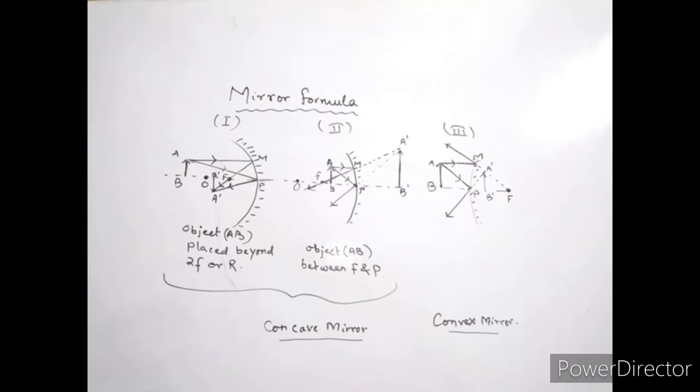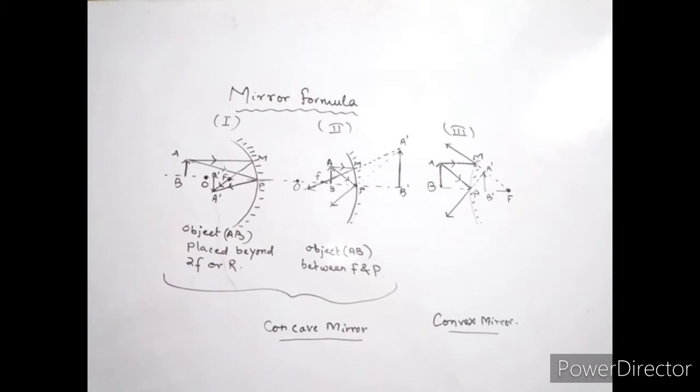And in the third figure, for the convex mirror, wherever you place the object, the rays after reflection won't meet, because one of them will be reflected on the other side, while the one directed towards the pole will be reflected towards the bottom. So they are obviously diverging, so they won't meet actually. They have to meet virtually, they have to be produced backward, and in that case they are produced backward to give a virtual image.